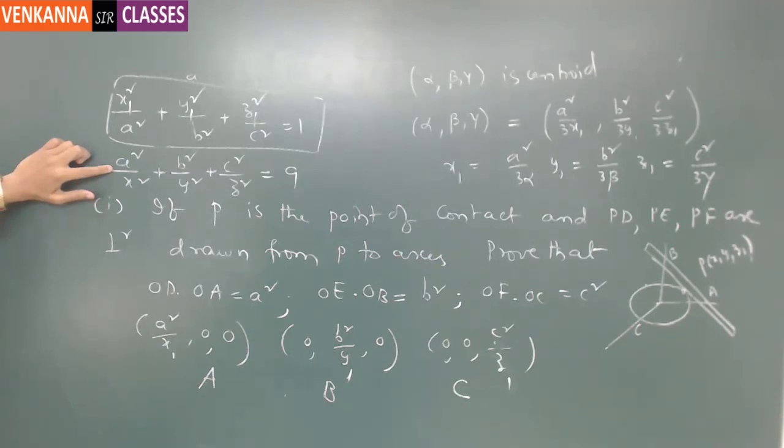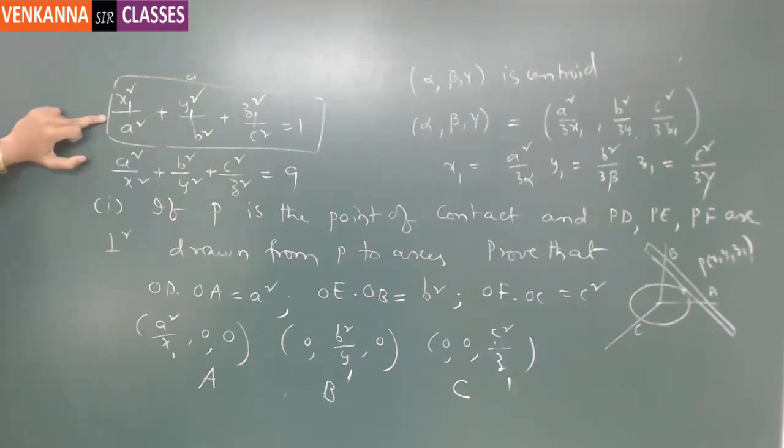After substituting x1, y1, z1 in this equation, you will get the locus of alpha, beta, gamma. The locus is nothing but this. This is the equation satisfied by alpha, beta, gamma. Right. So you have done the first part of the problem. Let us go with the second part of the problem.